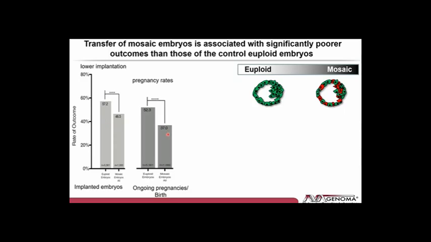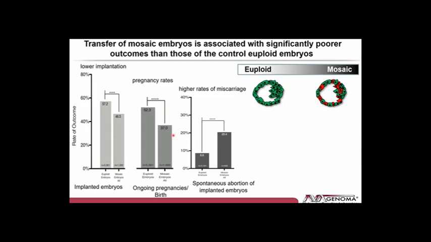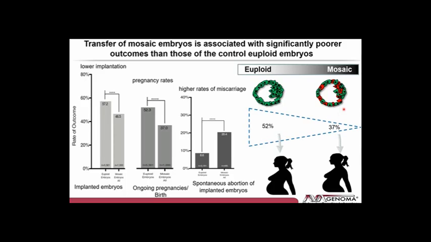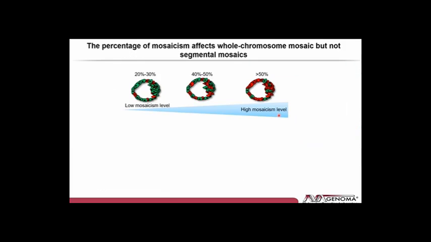Similar results were also obtained for pregnancy rate, which was reduced, and we obtained an increased miscarriage rate, demonstrating that mosaic embryos show a significant reduction in clinical outcome compared to euploid ones.